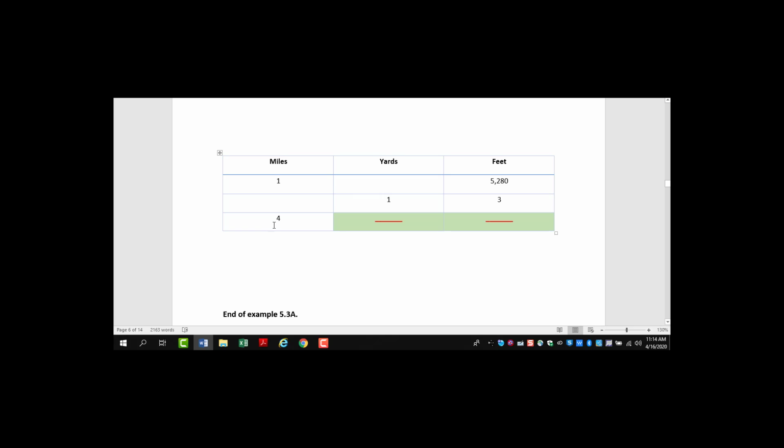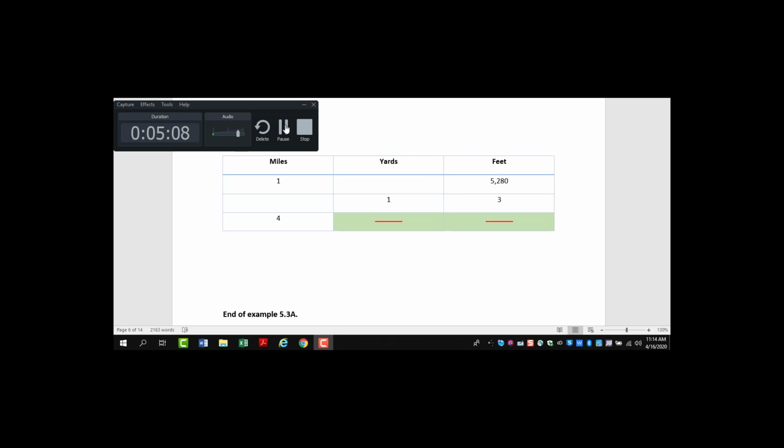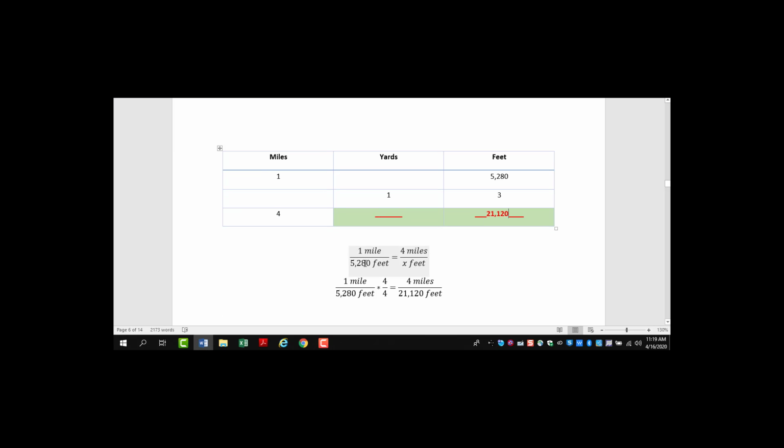So our first conversion is going to be, I'm going to turn 4 miles into feet. I'm going to put up the proportion here. You might want to pause and think about it, but I'm going to put it up. So here's our first proportion. 1 mile is equal to 5280 feet.